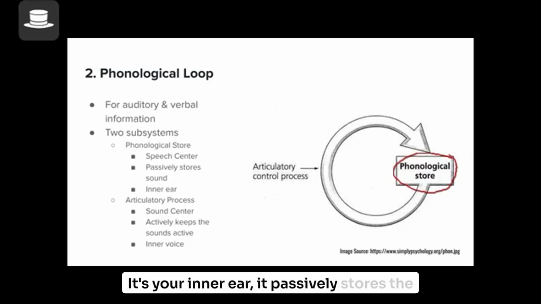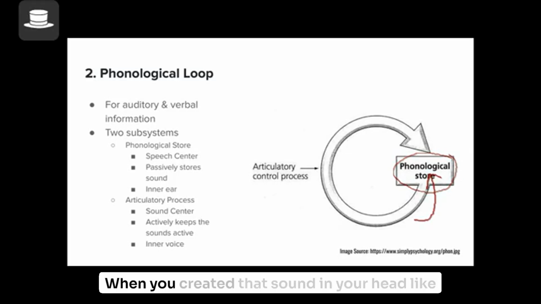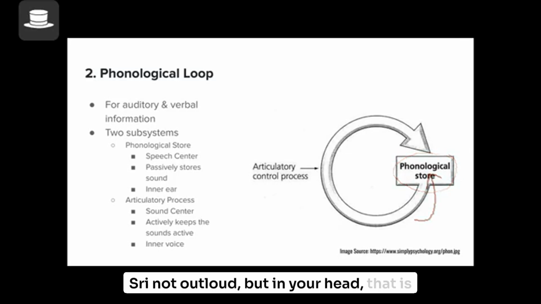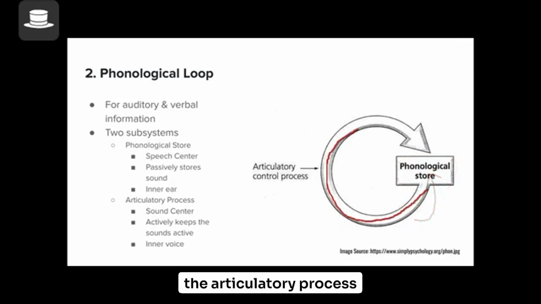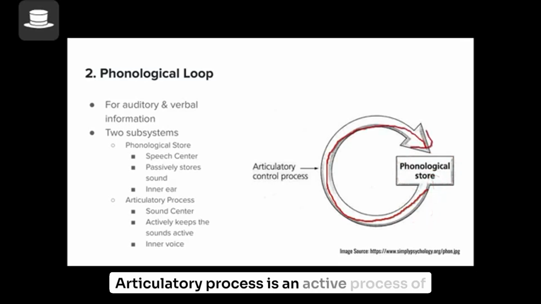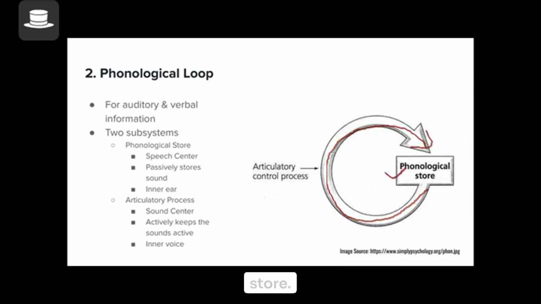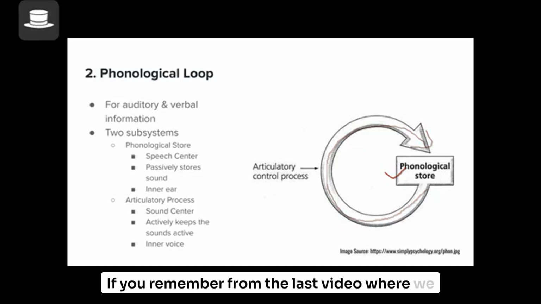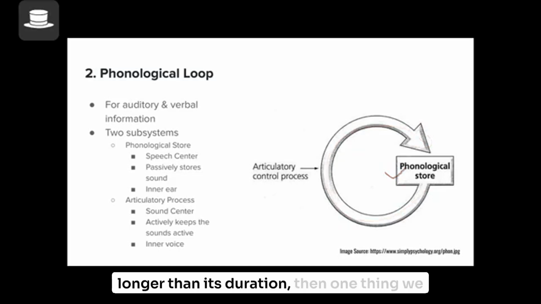It passively stores the sound. When you created that sound in your head, like tree, not out loud, but in your head, that is the articulatory process. The articulatory process is the active process of holding information in the phonological store. It's like your inner voice. If you remember from the last video, where we talked about how we can hold information for longer than its duration, one thing we said was that you can do maintenance rehearsal.